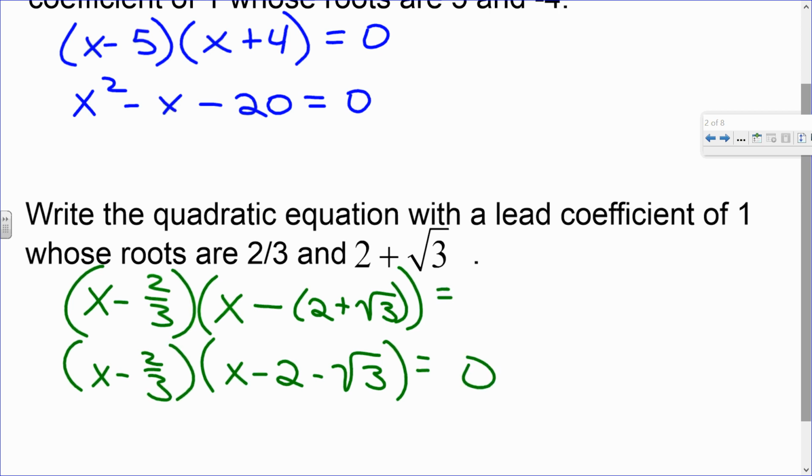And that's equal to 0. And then I would FOIL all of that out, and that would be our process. So I wanted us to do those to review the process.